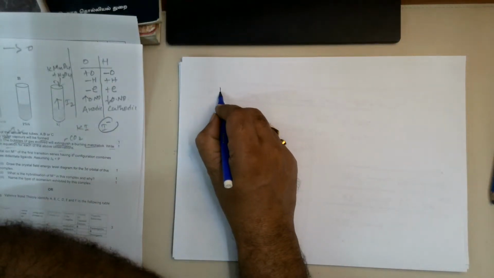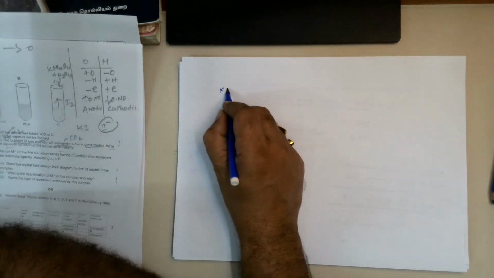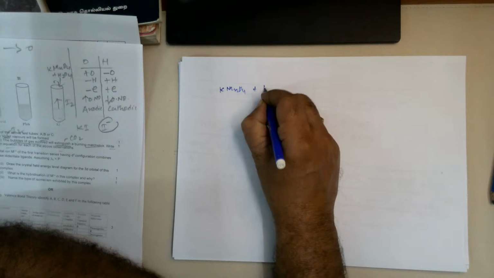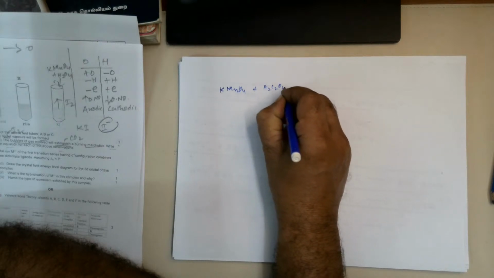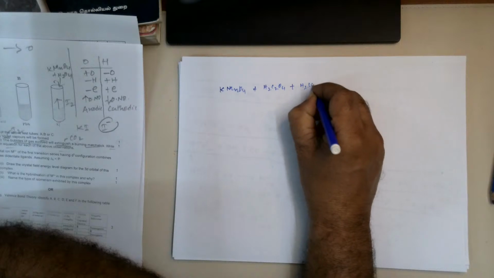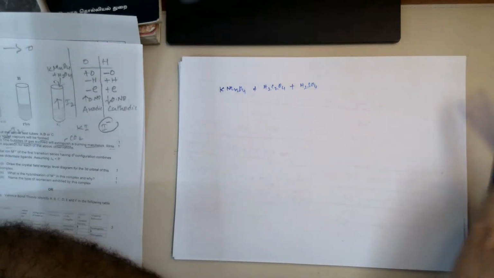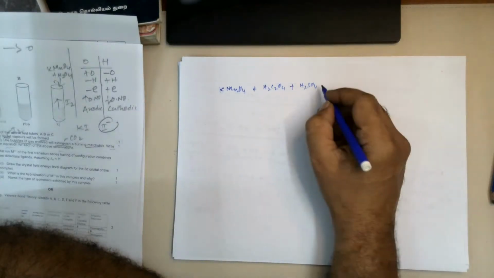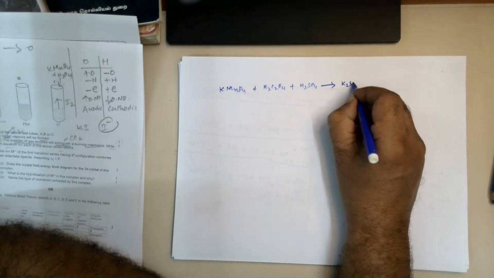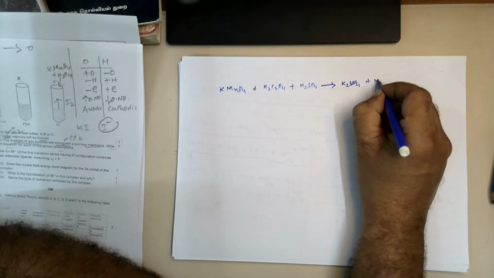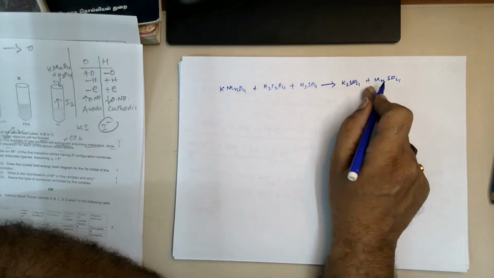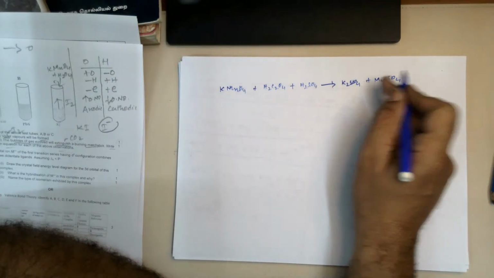Now you have KMnO4, note it down, KMnO4 plus H2C2O4, okay, plus H2SO4 because it is acidified. In H2SO4, it gives K2SO4, MnSO4, and then the rest. For example, K joins SO4 to form K2SO4, manganese joins SO4 to form MnSO4.